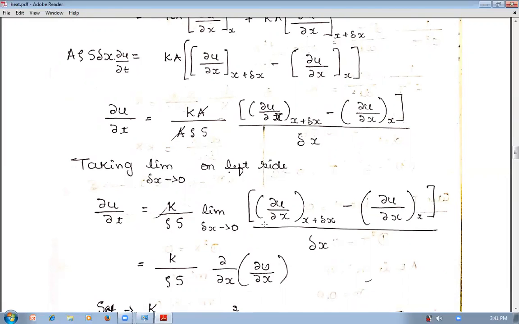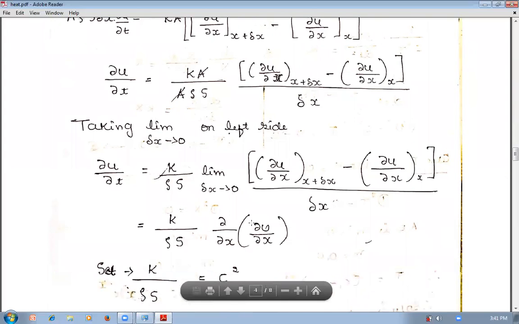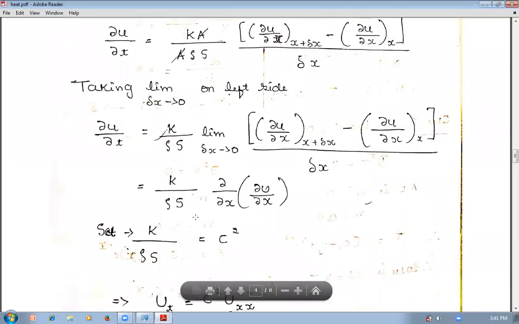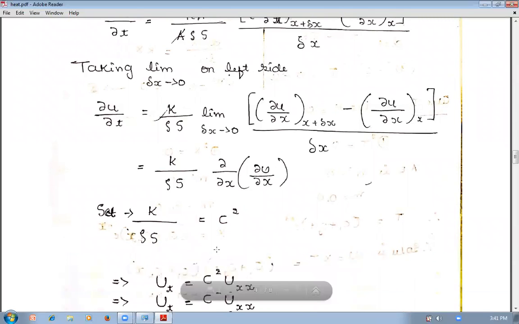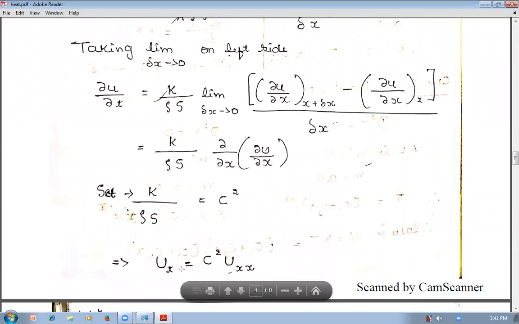In place of u here, we have ∂u/∂x, so the partial differentiation of ∂u/∂x with independent variable x gives ∂²u/∂x². Set this constant as c or c square. Finally we obtain u_t = c² u_xx. This is the heat equation.